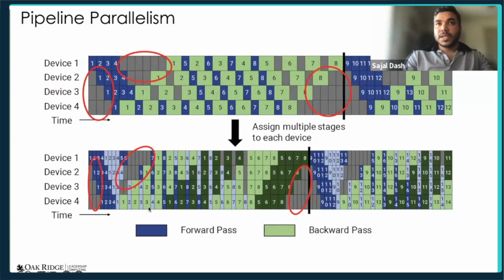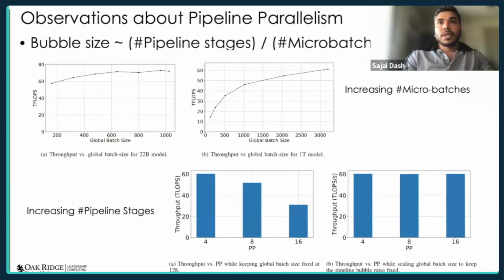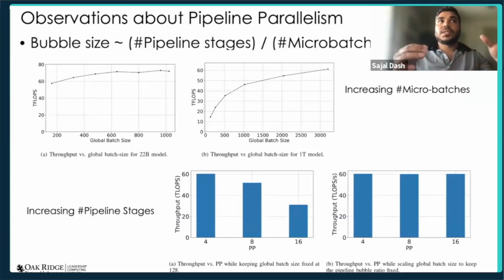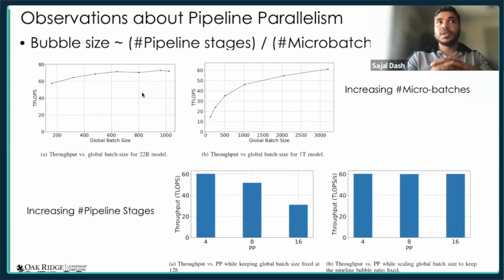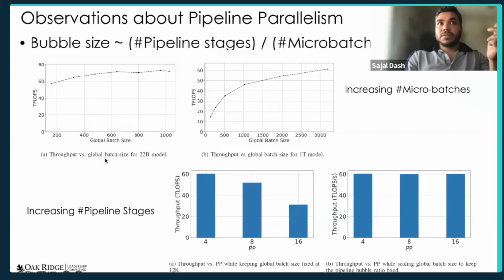This is straightforward to quantify, because the formula for the bubble size, the time the GPU is idle, is the number of pipeline stages divided by the number of micro batches. I did some experimentation for a 22 billion parameter model and a 1 trillion parameter model.